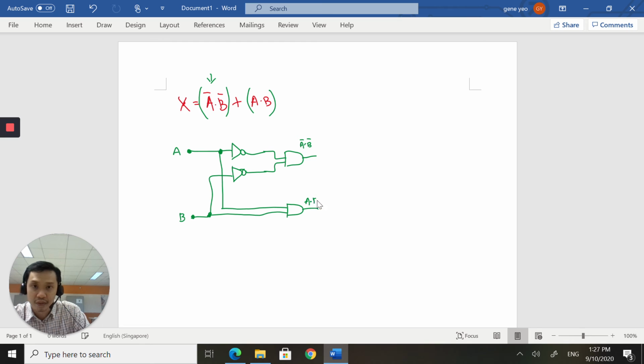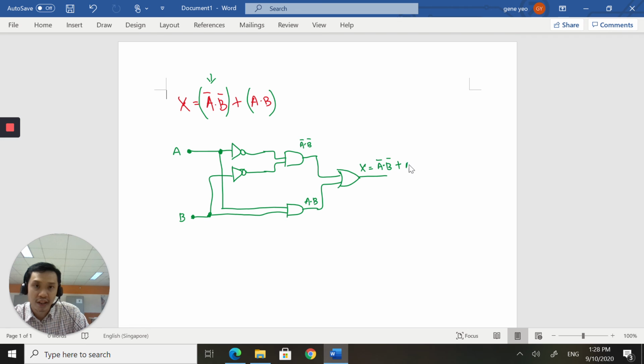The middle cross is ORed together. So I need an OR gate here, like so, and these two inputs come in here. Finally, my output X is A complement and B complement, or A and B.